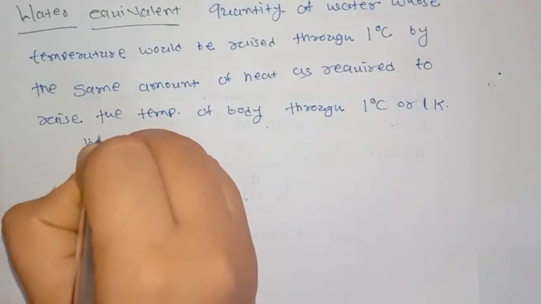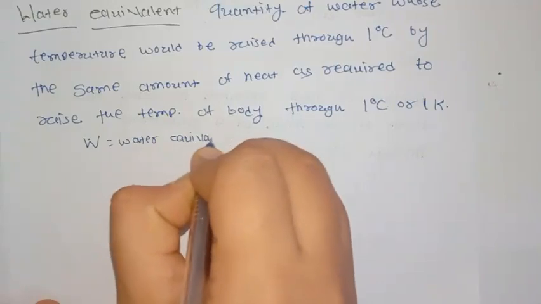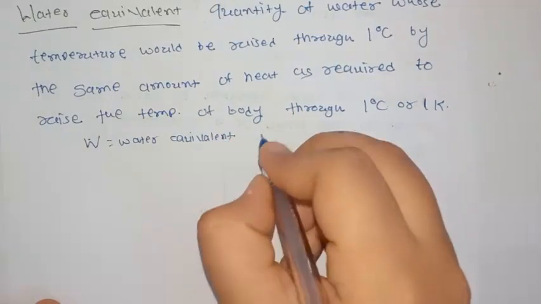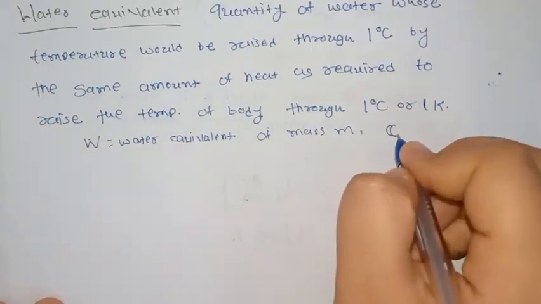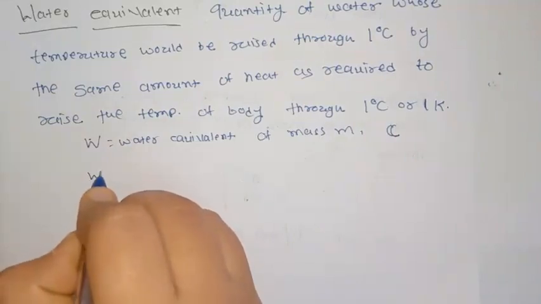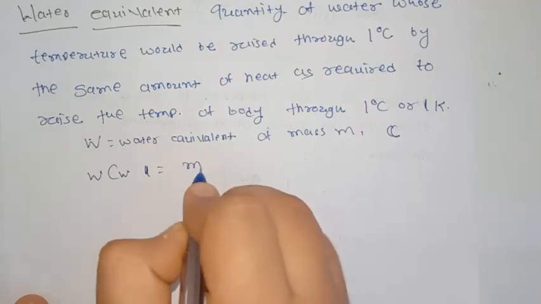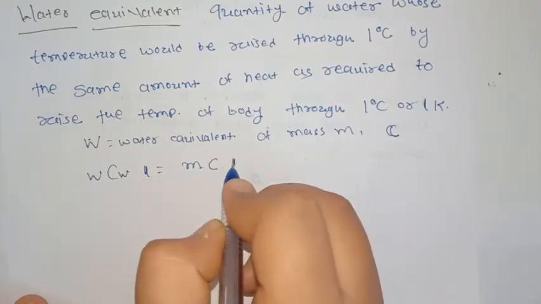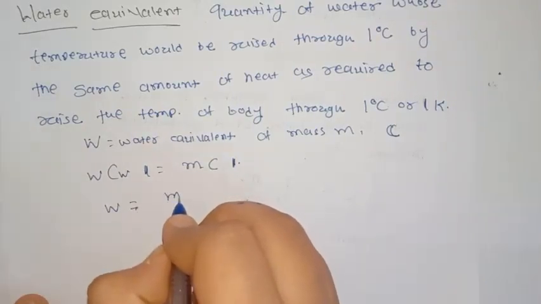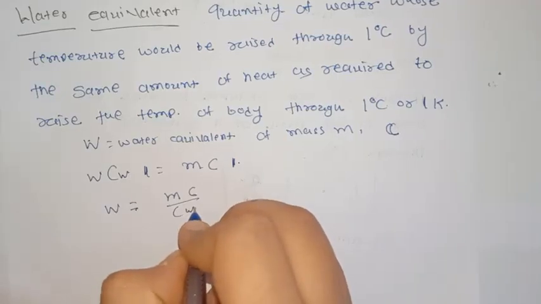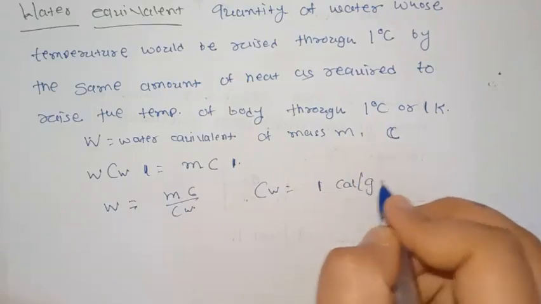Let's say W is the water equivalent of a body of mass m and specific heat capacity C. Then W into C of water into 1 is equal to m into C into 1. So W will be equal to mC divided by C of water. Specific heat of water is 1 calorie per gram degree Celsius.